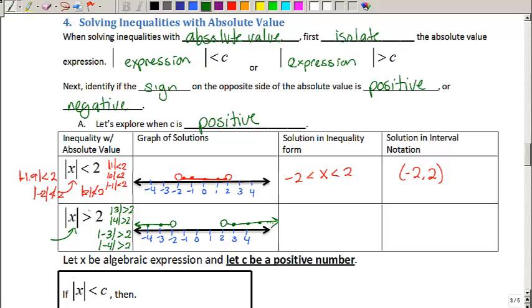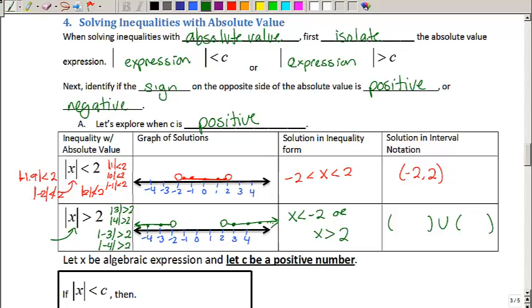The solution in inequality form for the greater than example is x is less than -2 or x is greater than 2. The solution in interval notation: we have two intervals here, so we're going to connect the two intervals with a union symbol.